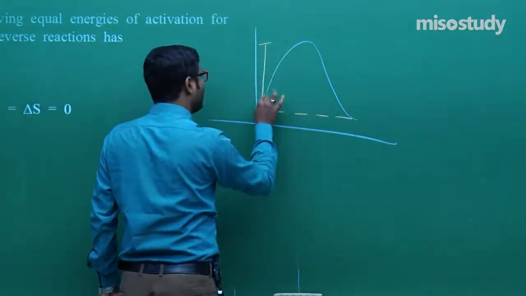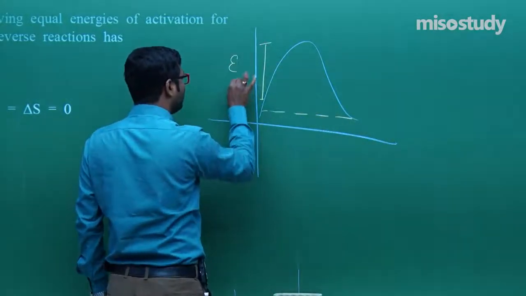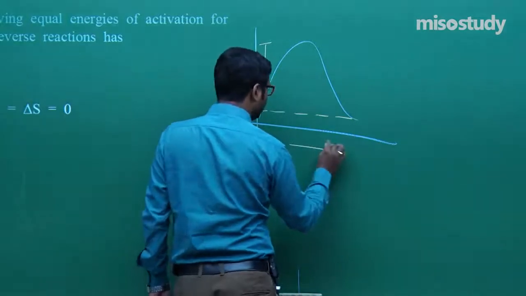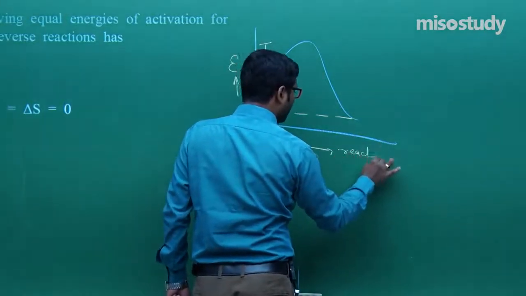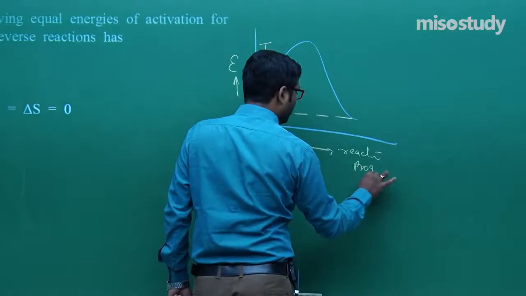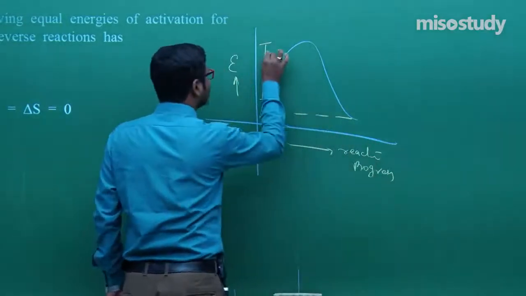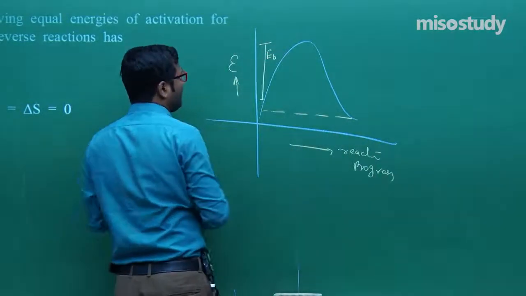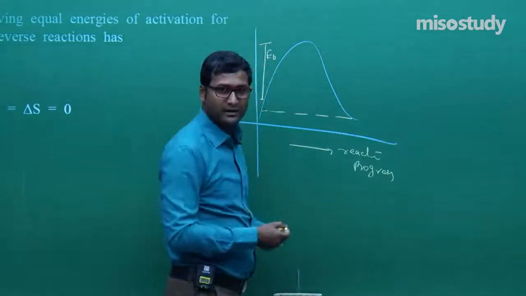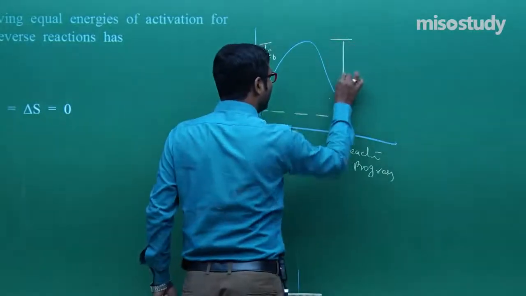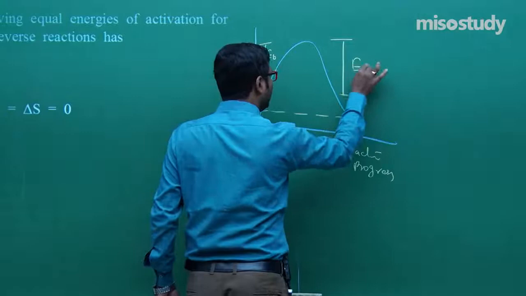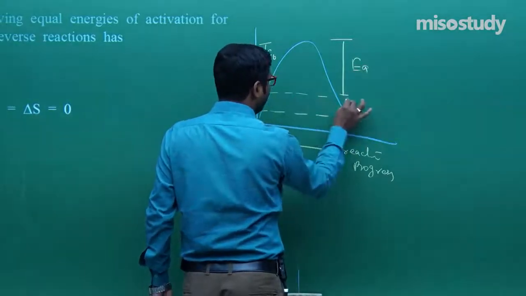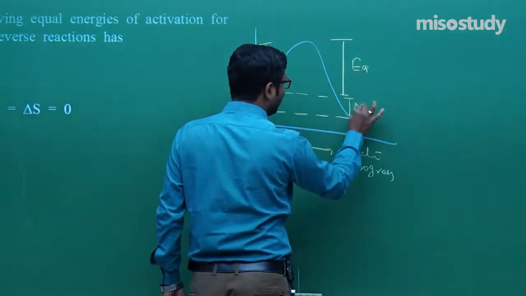This is the energy graph against the reaction progress. This is EB, the energy of activation for the backward reaction, and this is EA, and here is delta H.